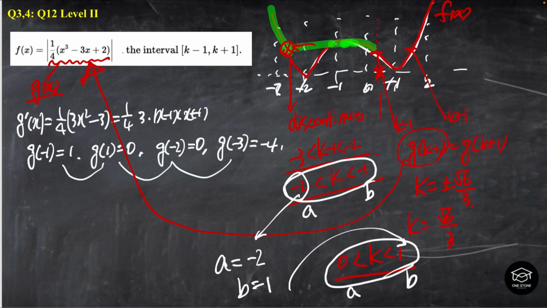The first discontinuity is greater than -2, and the second is less than 1. So, the smallest such integer a is -2, and the largest such integer b is 1. Final answer: a equals -2, and b equals 1.